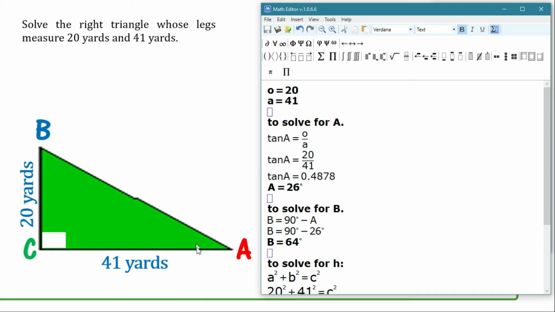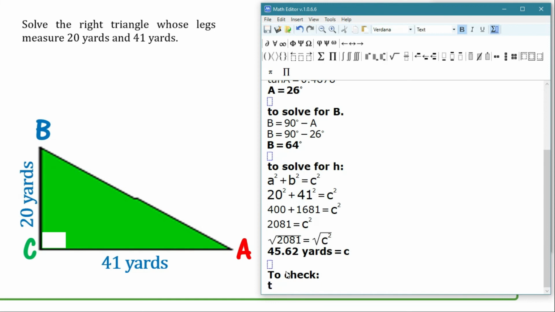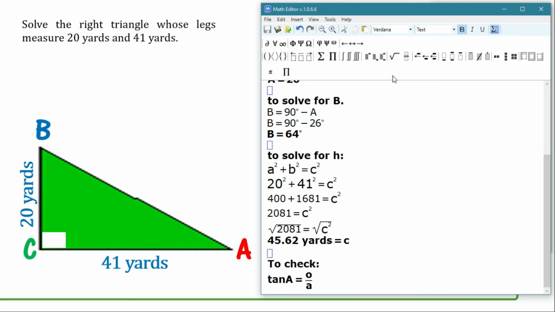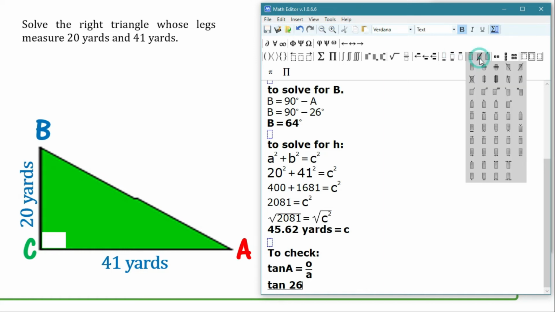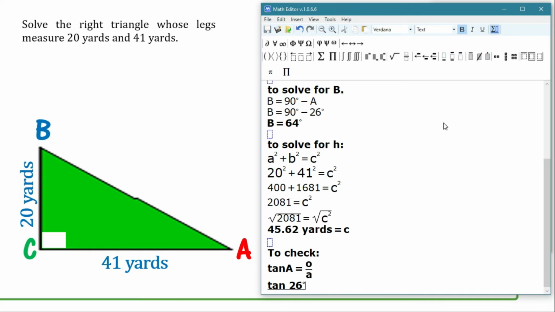That is the tangent of A. Okay? So we have the tangent of A equals, that's TOA. So meaning opposite over adjacent. So that is, so yung A natin is 26 degrees equals our opposite.